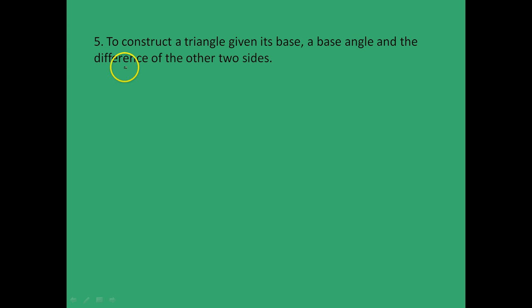Okay, now let's look at construction number 5. That is to construct a triangle given its base, a base angle, and the difference between two sides. So let's start off by calling the triangle ABC, and let's say the given angle is angle B. So angle B is given, and we know the difference between the two sides.